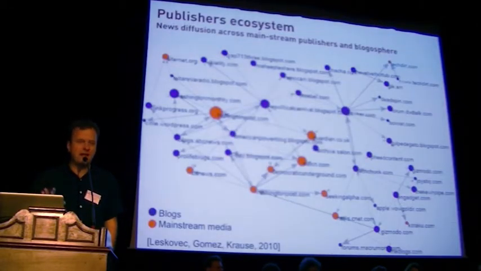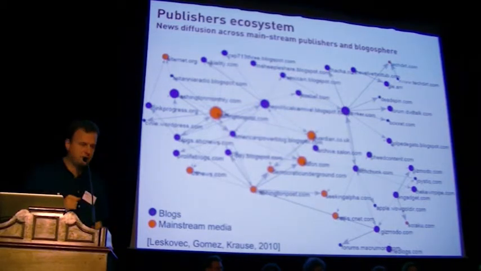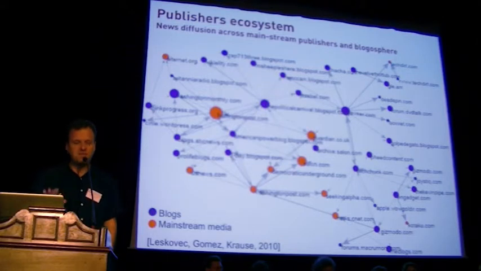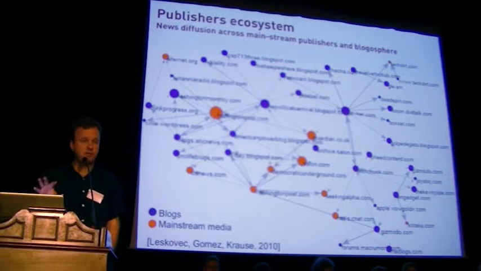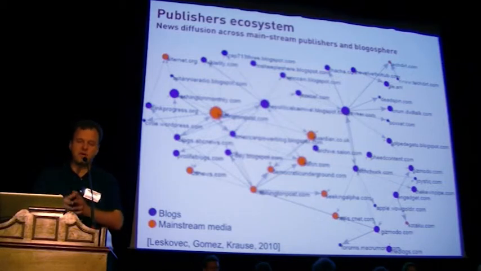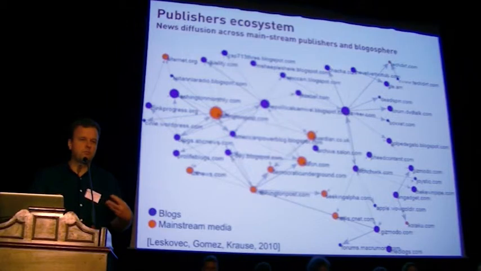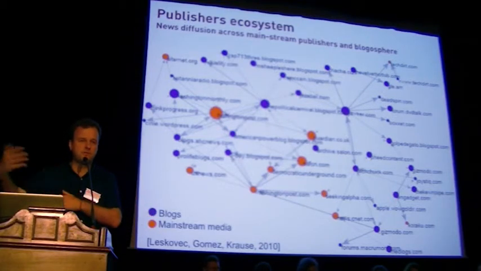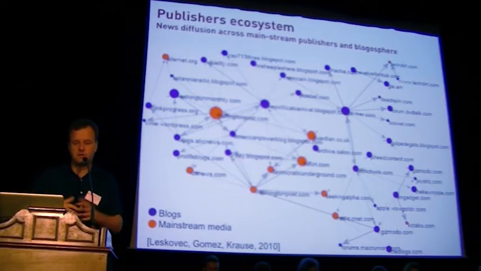Here I have just one slide to substantiate this. This is part of some research from 2 years ago. This is interdependency. Each node in this graph is either a newspaper or an important blog. This is just a minor part of a much larger graph. It shows how information flows from early bloggers to newspapers to late bloggers and so on.